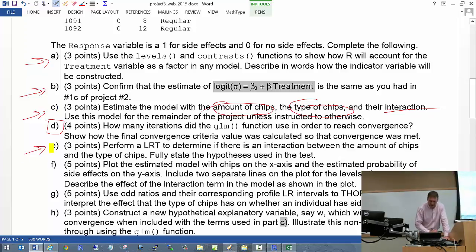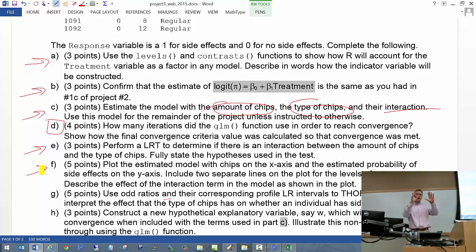Part E says, let's perform a likelihood ratio test to determine if there is an interaction between the amount of chips and the type of chips. Part F is motivated by the distance and wind model to estimate the probability of success for a place kick.